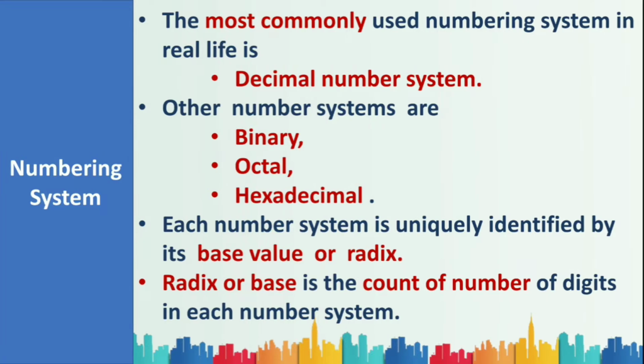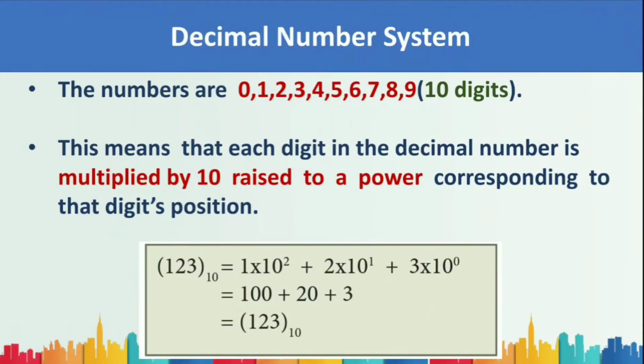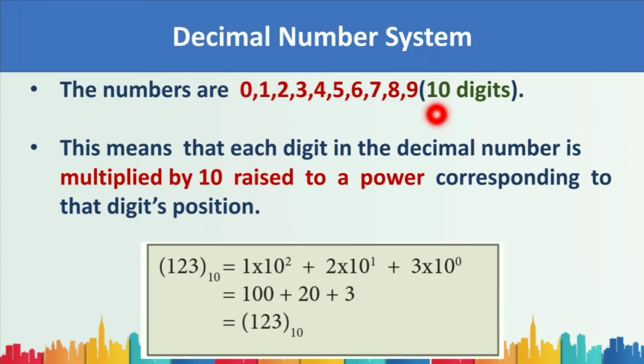So let's start with the decimal number system. These numbers are 0, 1, 2, 3, 4, 5, 6, 7, 8, 9. In total we have 10 digits in the decimal number system, and upcoming numbers are combinations of all these numbers. So the base value for decimal number is 10.